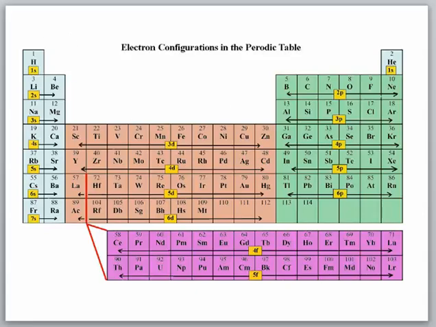Let's just look quickly. If we were going to do bromine, we really don't want to write 1s2, 2s2, 2p6, and so on. We can look at the previous noble gas, argon, and write argon in brackets. And then once we've done that, we can then add the remaining electrons to get to bromine.